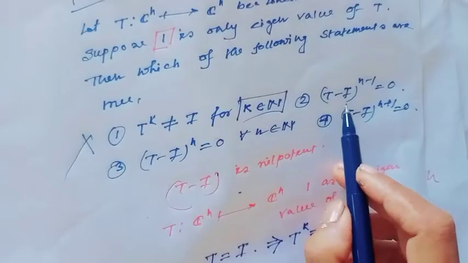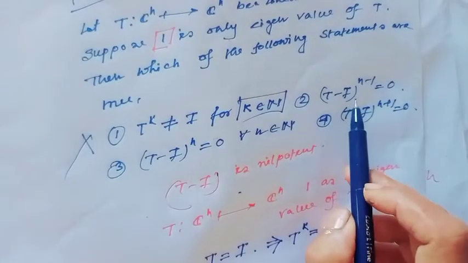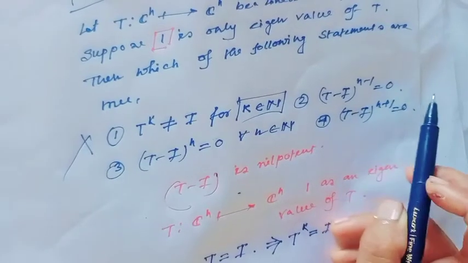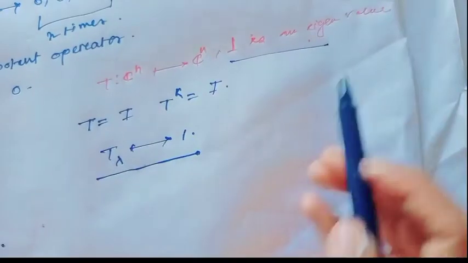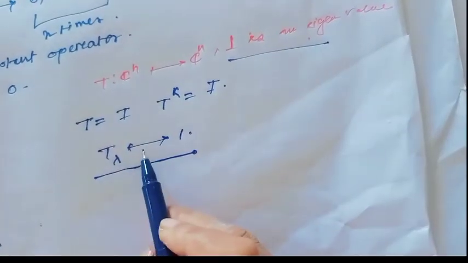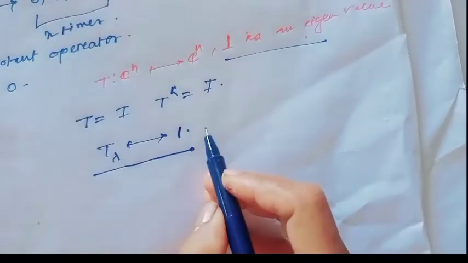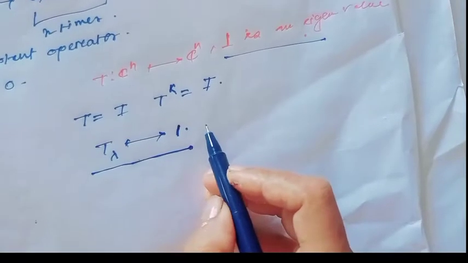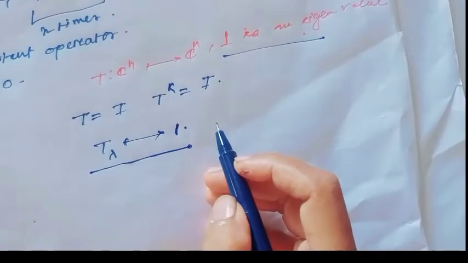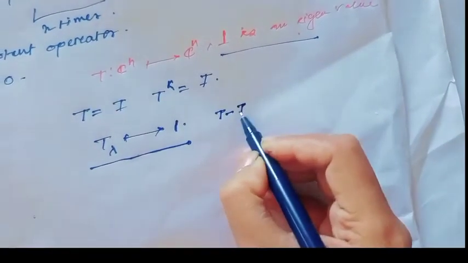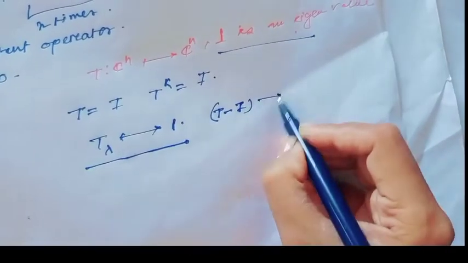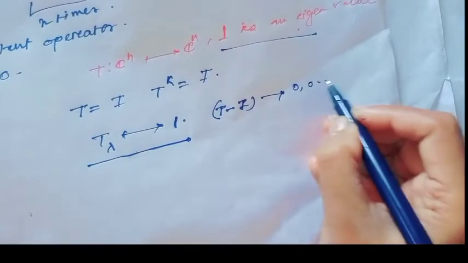And notice here it indicates (T minus identity) to the power n minus 1 equal to the 0 operator. Since for this linear transformation the only eigenvalue is 1, the eigenvalue of the linear operator T minus identity would always be 0.